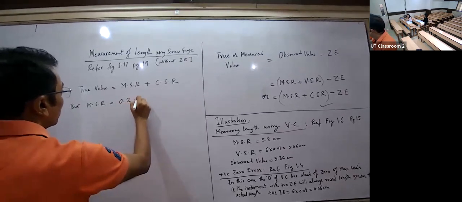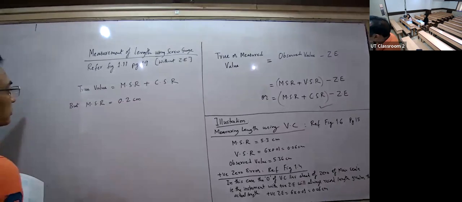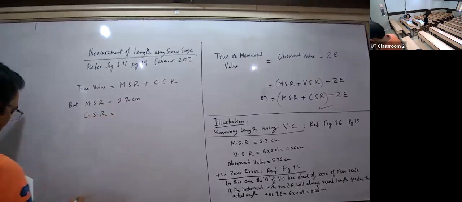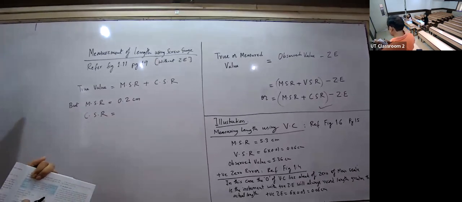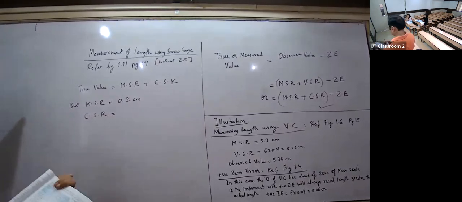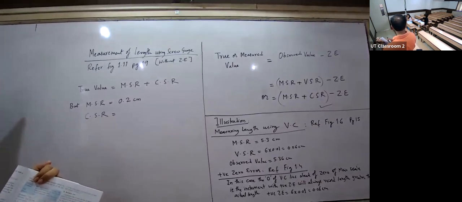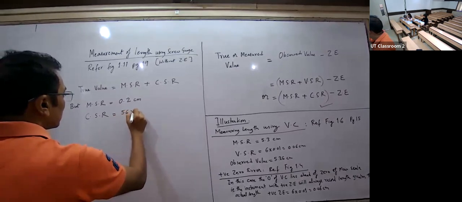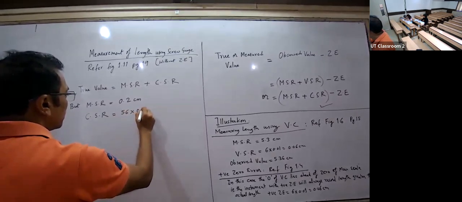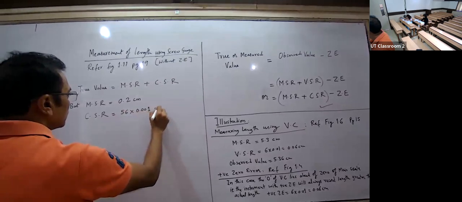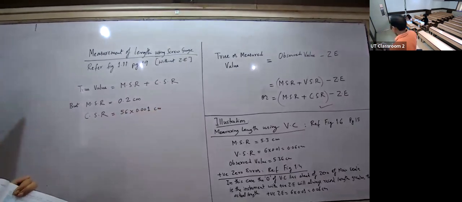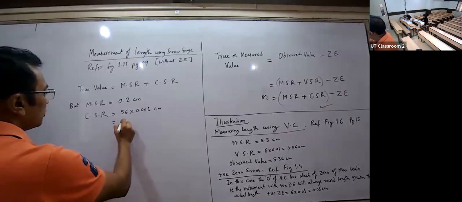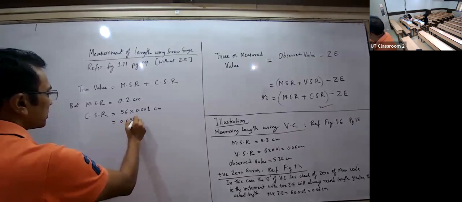Okay, what is the circular scale reading? Again, it is the circular scale division which is matching with the baseline. So which is matching with the baseline? 56 into the least count of the screw gauge. What is the least count of the screw gauge? Which is how much? 0.001, so 0.056.